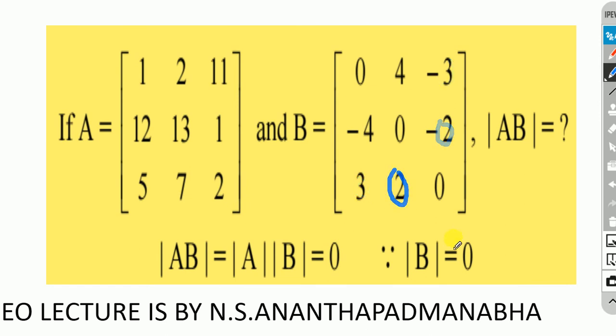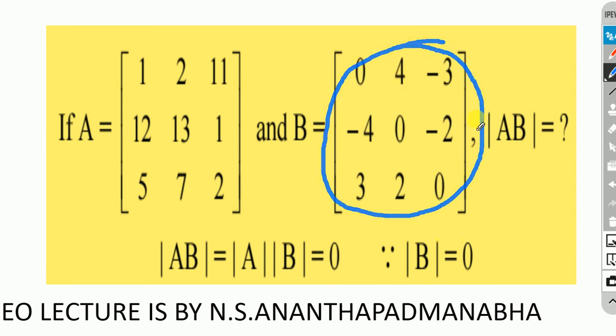So B transpose is equal to minus B. So this is a skew symmetric matrix of odd order, and note that the determinant of a skew symmetric matrix of odd order is always 0.